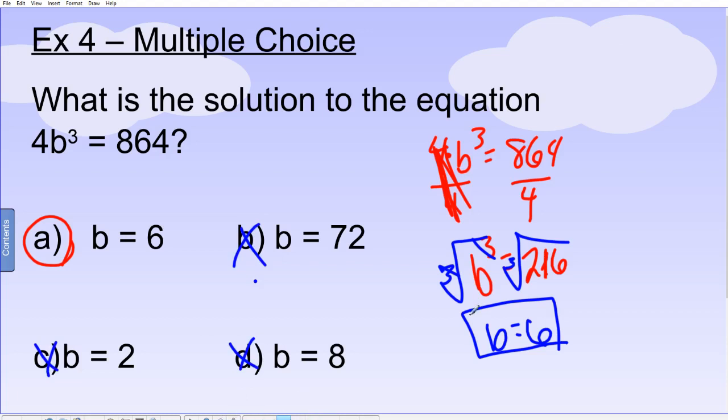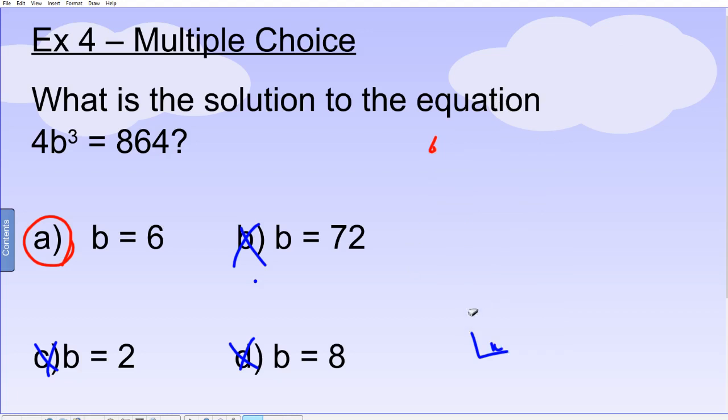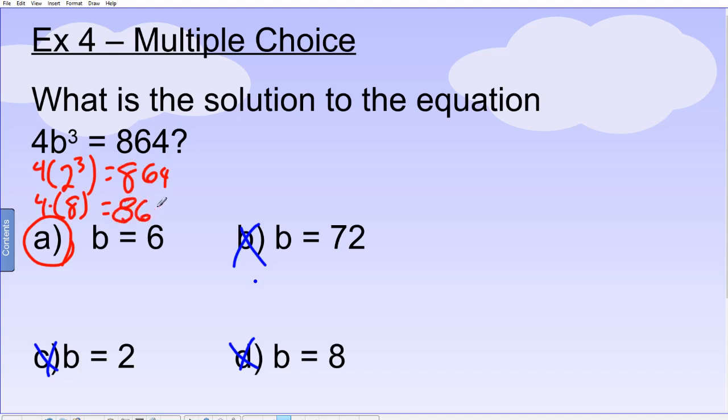So I'm just going to try one to show what would happen if we plugged in, say, the 2. Well, 4 times 2 cubed equals 864? 2 cubed is 8. 4 times 8 is 32, not 864. So this does not work out. It is not equal. And none of the other ones would be equal either.